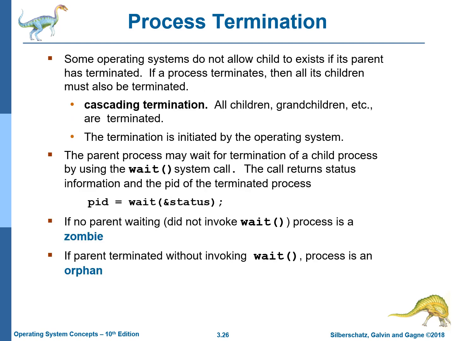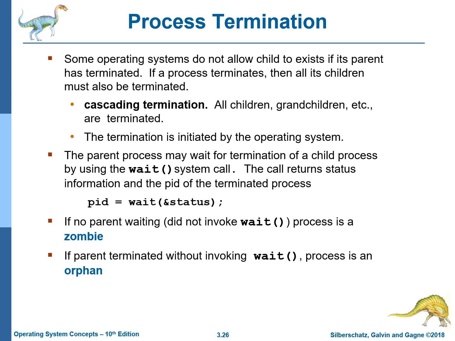Some operating systems do not allow a child to exist if its parent has terminated. If a process terminates, then all its children must also be terminated. Cascading termination. All children, grandchildren, etc. are terminated. The termination is initiated by the operating system.